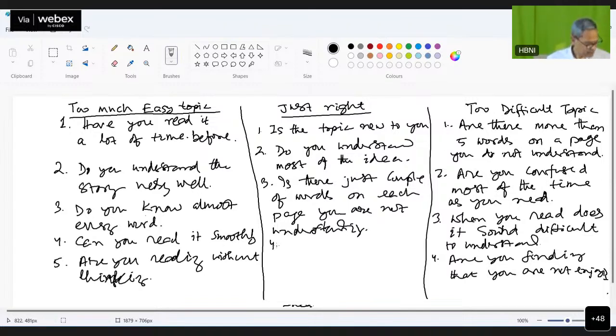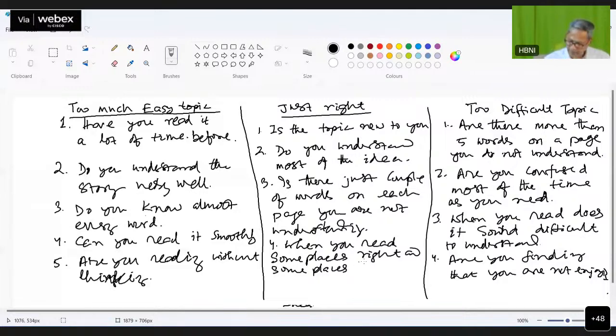Four, when you read, are some places easy and some places difficult?